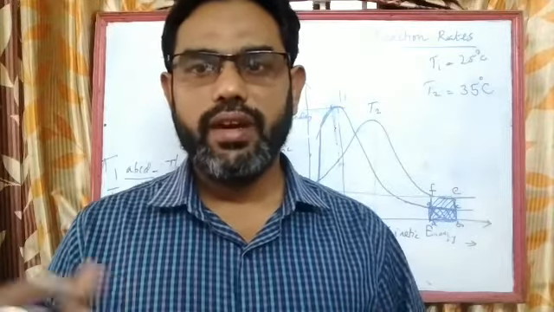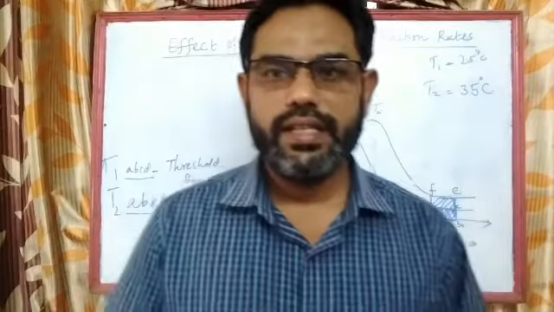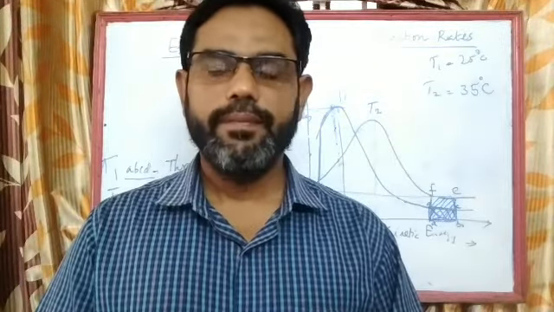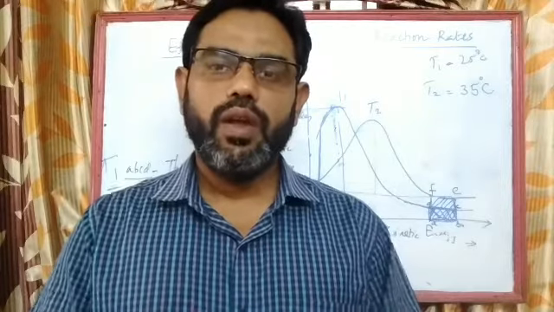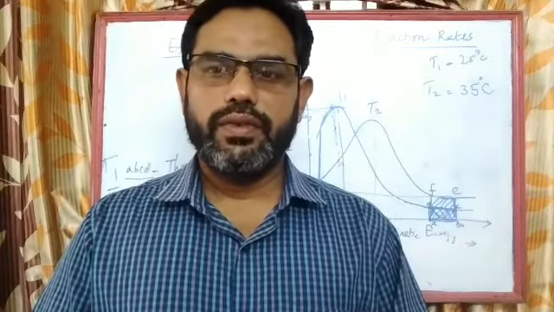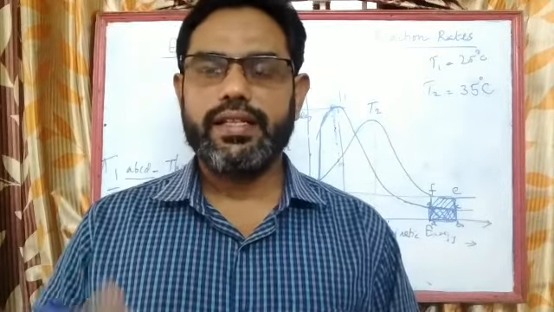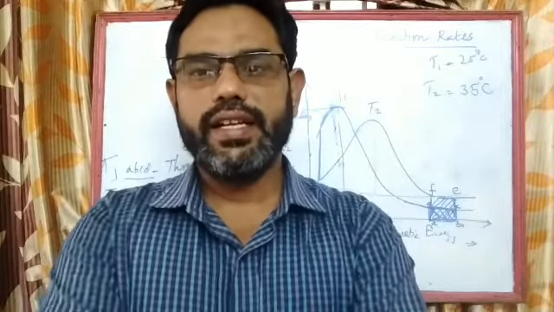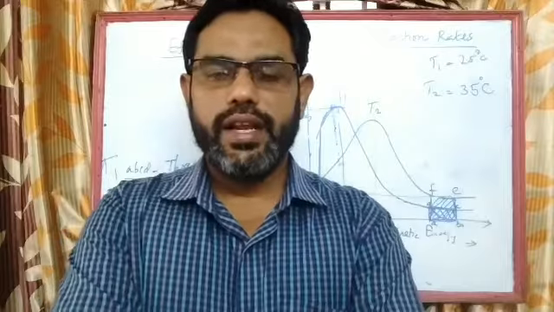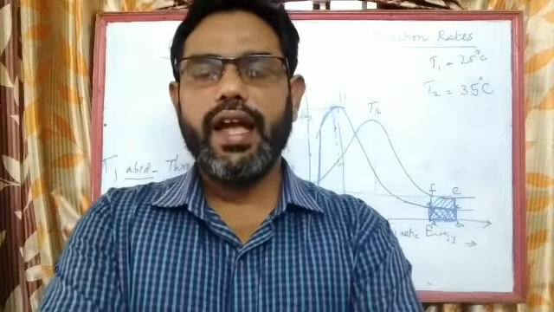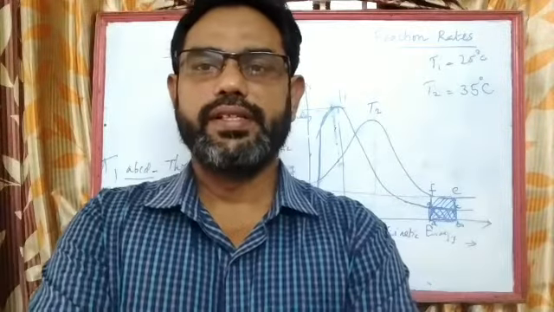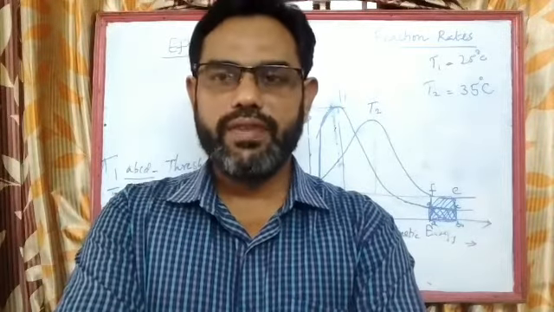So now we have learned what is the effect of temperature on reaction rate. The temperature coefficient of reaction rate is the ratio of reaction rates studied at two different temperatures, like 25 to 35 degrees centigrade.